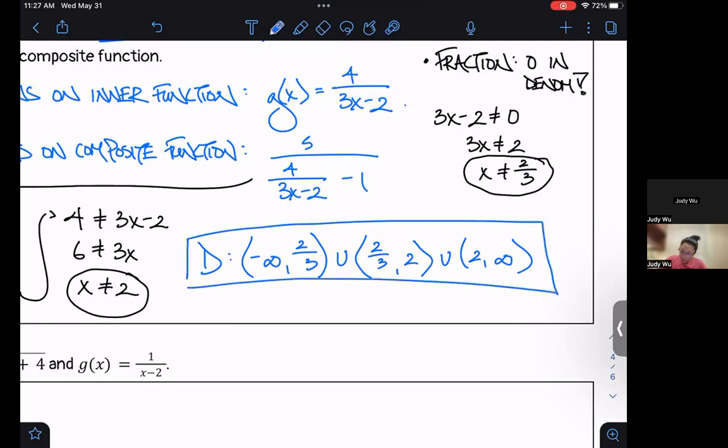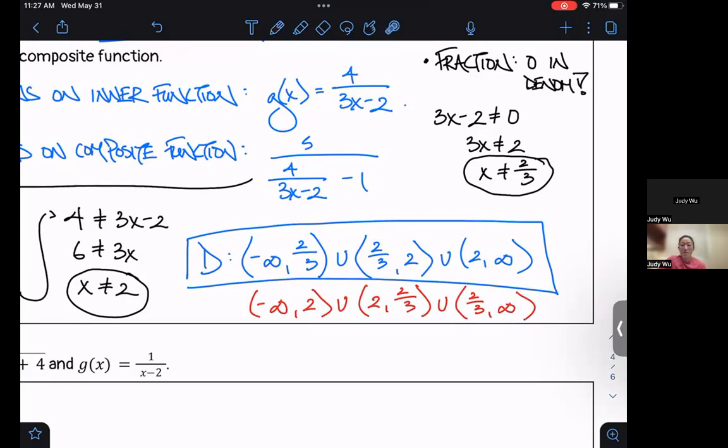Now, I just want to write a possible answer that folks might write. I can imagine someone might write negative infinity to 2 in union with 2 to 2/3 in union with 2/3 to infinity. Okay.